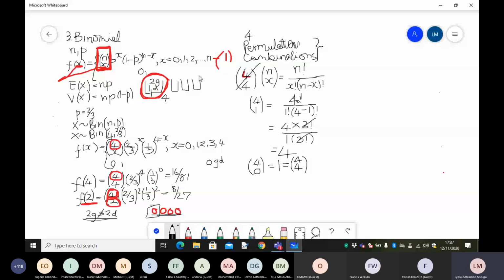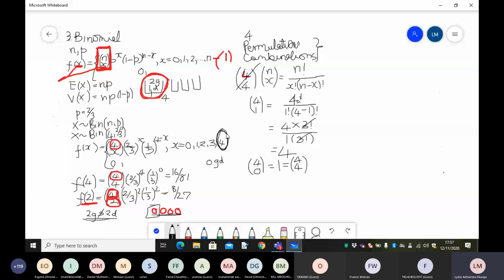And because there are 4 boxes, that is why X is ranging from 0 up to 4. Repeated Bernoulli trials. Because you may get 4 successes or 3 successes or 2 successes. Why? Because you are picking 4 times. You cannot get 5 successes because you are picking only 4 times.